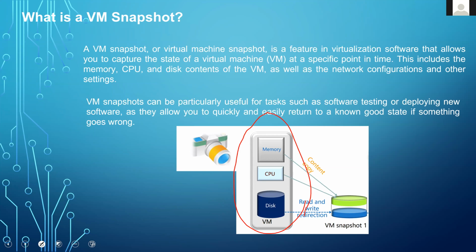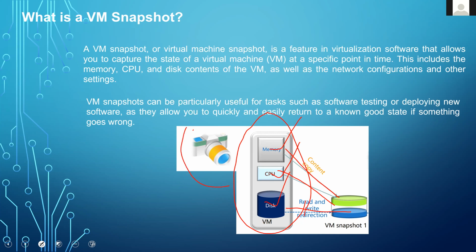So whenever you take a snapshot of the running VM, your memory, CPU, and disk, all the content will be saved into the disk. Whenever you want to go back to the old status, you can restore your snapshot to go back to the original VM status. So you can say it's like a picture.